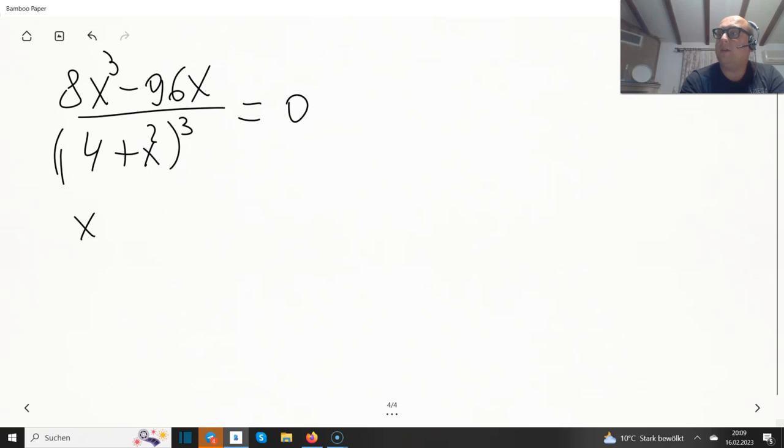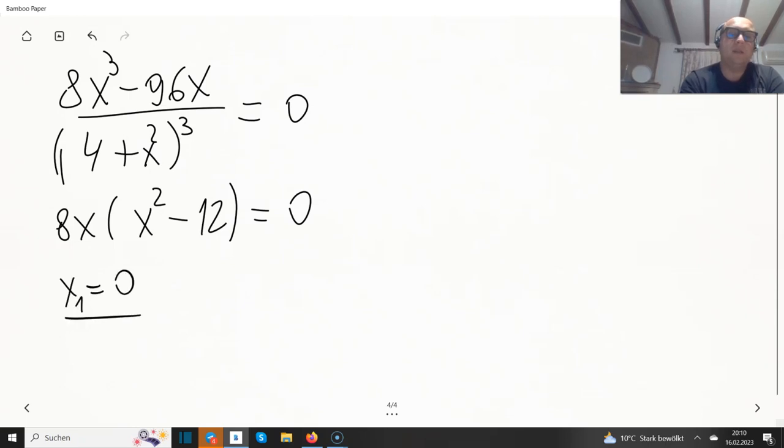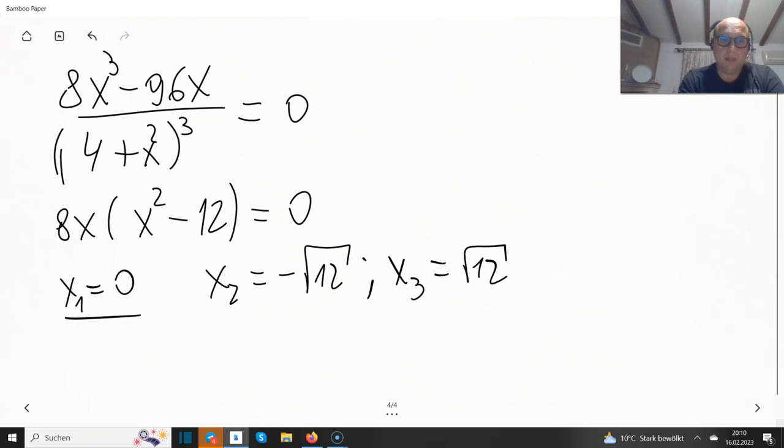I think I can, right? I can take 8x out, just x squared remaining here. Well, we would have 12, I think, right? This is 12. That's 0. So x1 is 0. And x2 is minus square root of 12. And x3 is plus square root of 12.